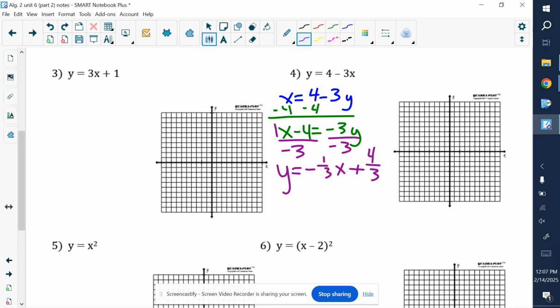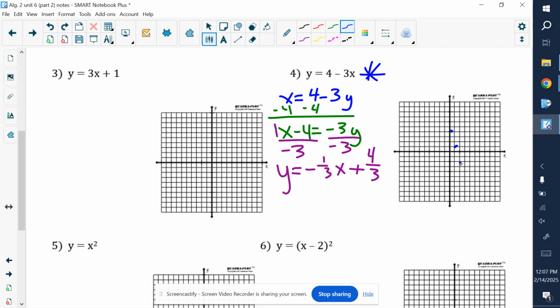So let's start with graphing our original function, y equals 4 minus 3x. My y-intercept is 4, and my slope is negative 3, so down 3 over 1. This is really hard to do with my fingers, so it's easier for you on your paper.